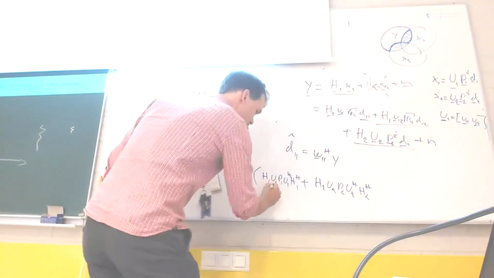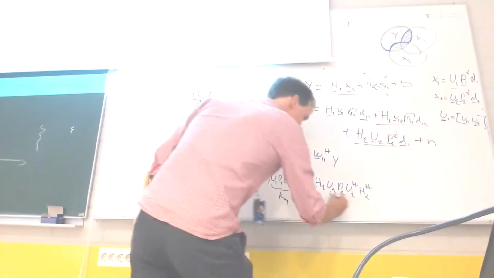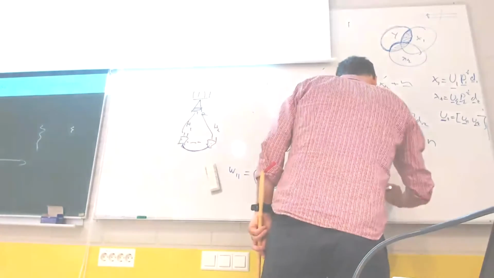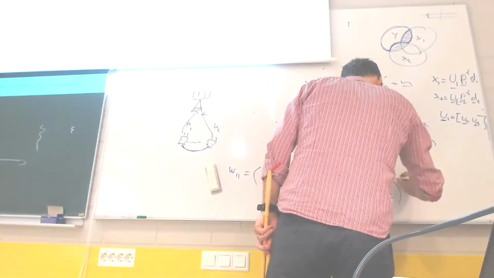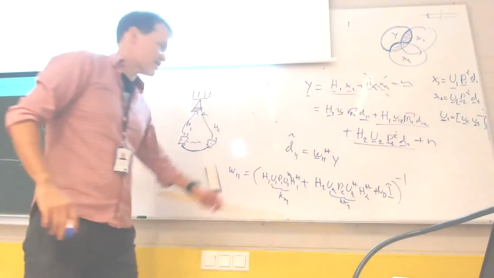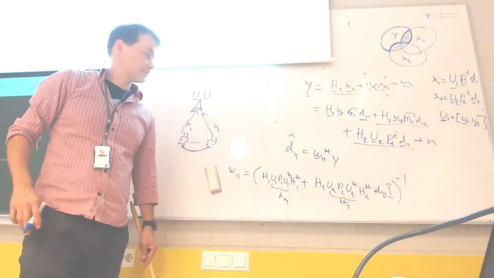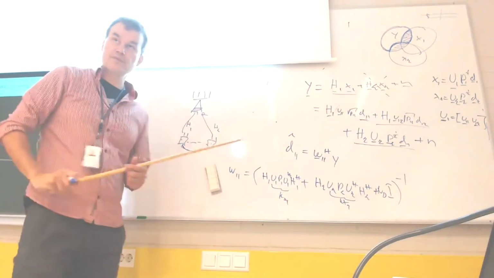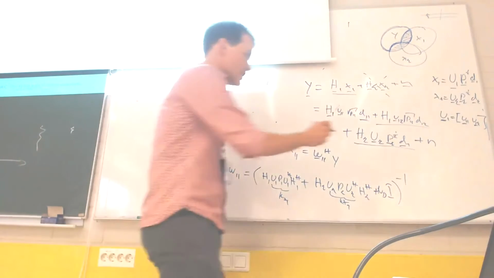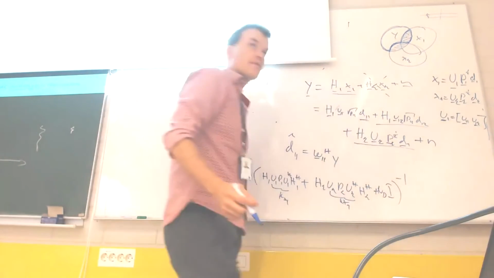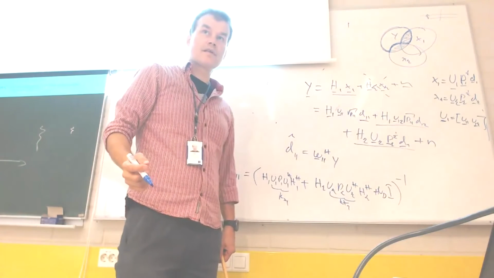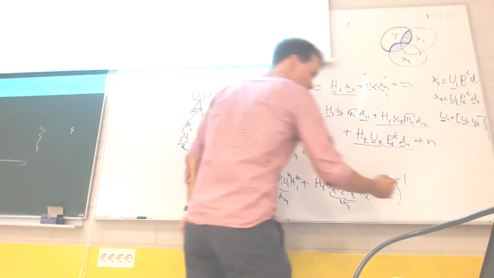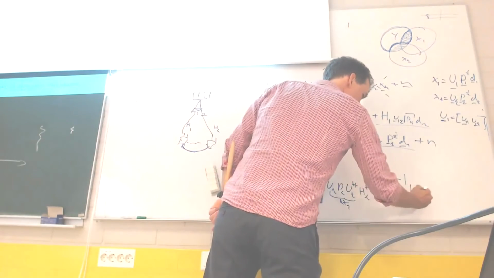This is the same as KX1 plus KX2 plus N0 I. What about the matched filter part? It's now optimized to stream 1 of user 1. What should be here? Anyone? H1.